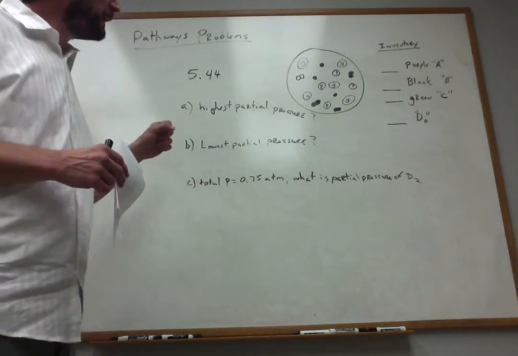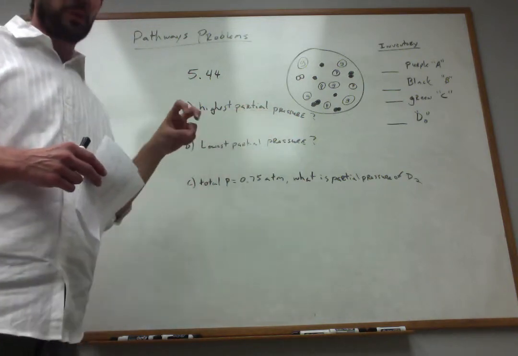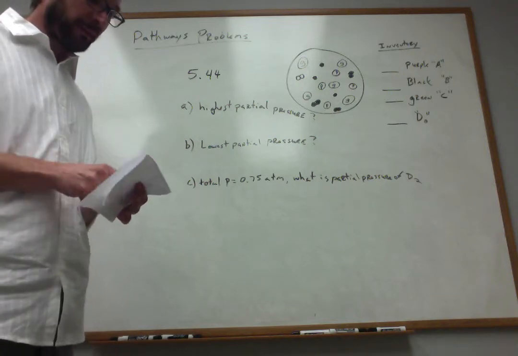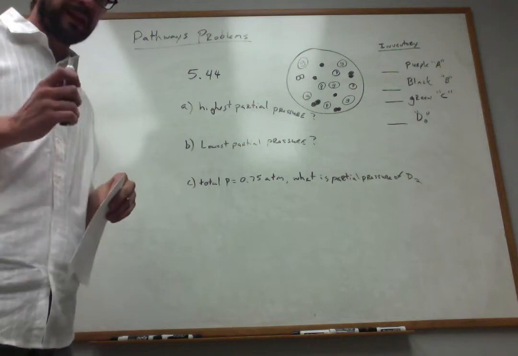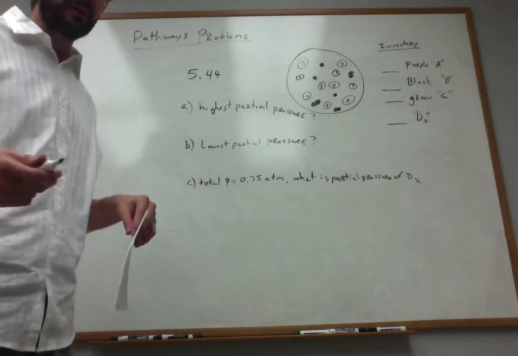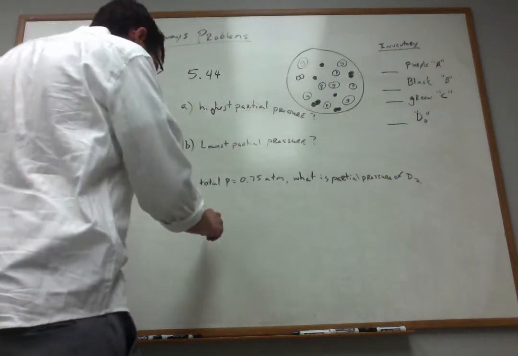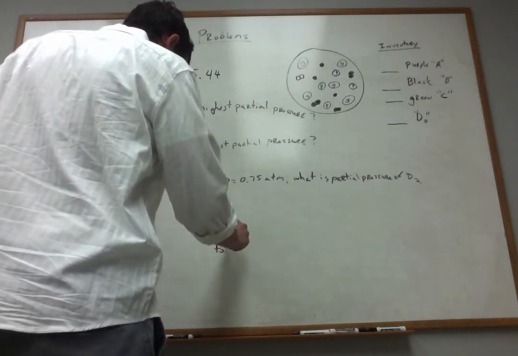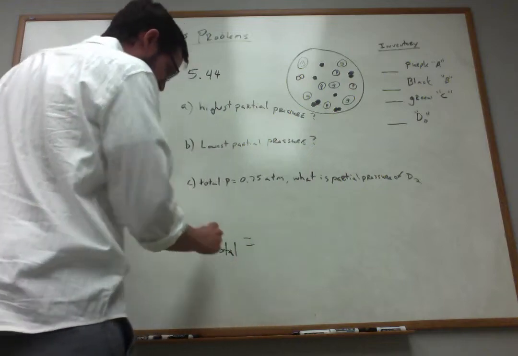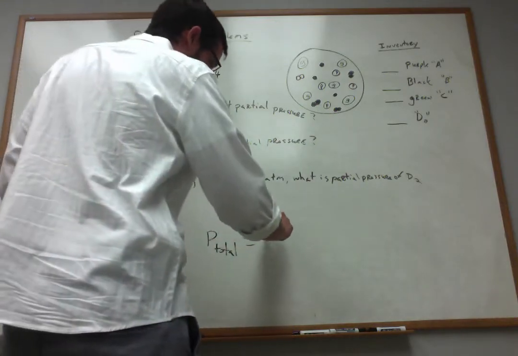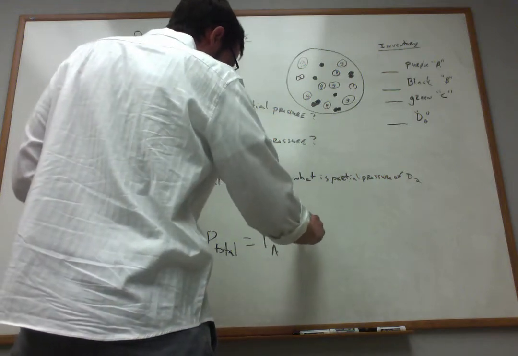First off, what is a partial pressure? Well, it's nothing more than the pressure exerted by one individual gas in a mixture. If you have a mixture like this, the cool thing is that the total pressure, P total, is equal to the sum of the partial pressures, or the sum of the pressure of each gas.